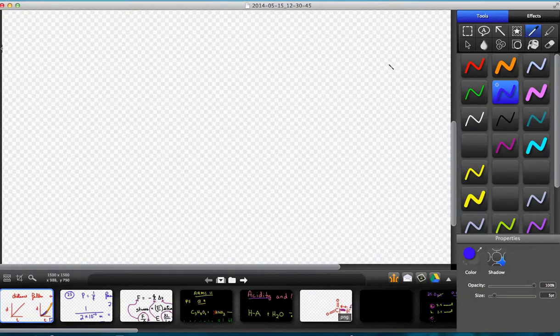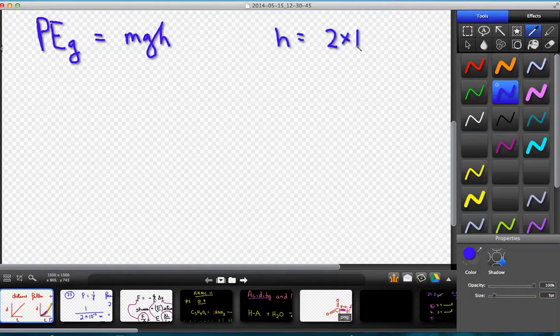Okay. How much gravitational potential energy is transformed? Okay, well, we know gravitational potential energy is equal to mgh. And we know that h is 2 times 10 to the third meters.